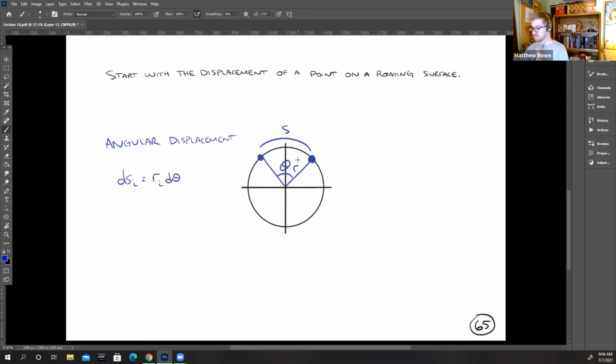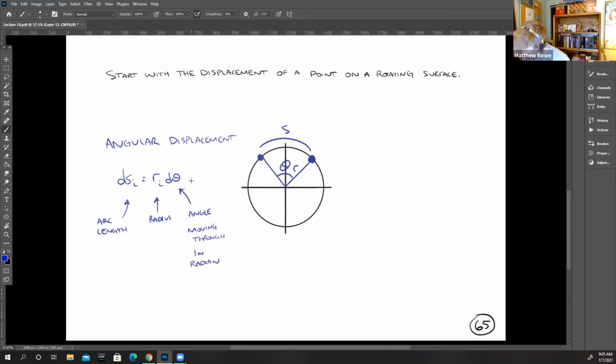The angle that this point swept through. So I'll go like this: arc length, radius, angle moving through. In radians, yeah.